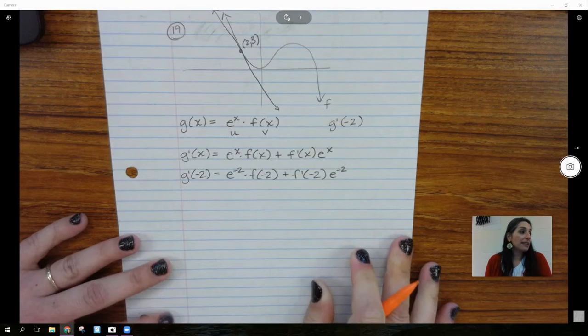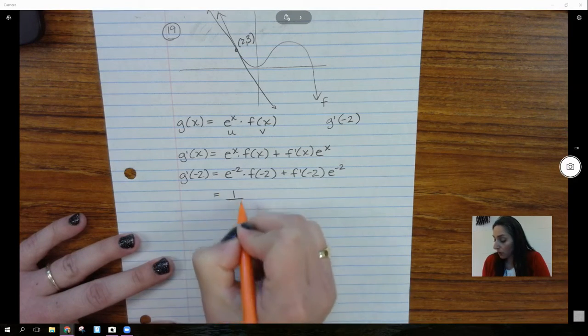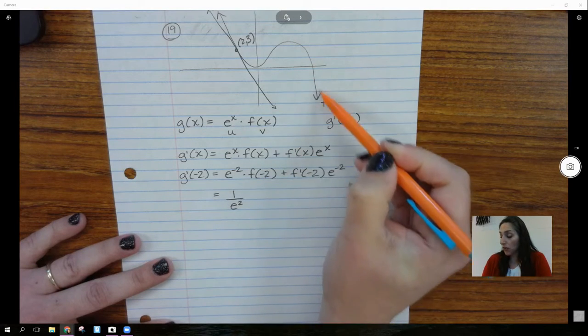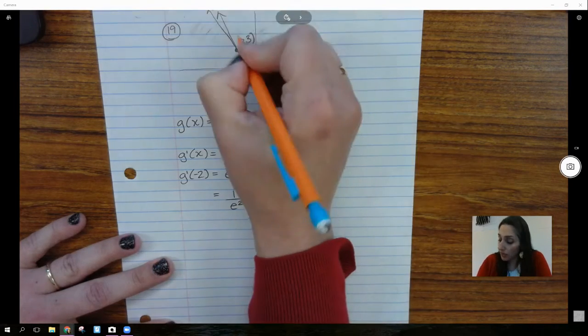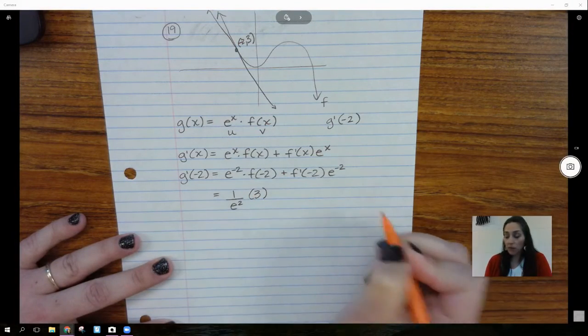Okay, now e to the negative 2 is just a constant, so this could be written as 1 over e squared. f of negative 2 is the function value at negative 2. On this graph, f at negative 2 is actually 3, so you plug a 3 in right there.